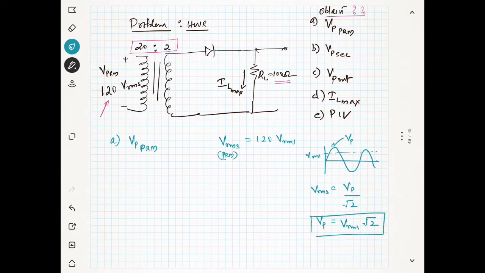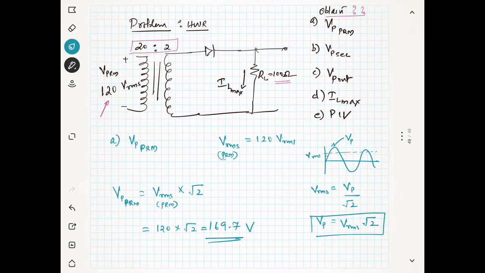At the primary the Vrms is given, so Vp primary is equal to Vrms at the primary multiplied by square root of 2. That means 120 multiplied by square root of 2, it is 169.7 volts. This is the Vp primary.